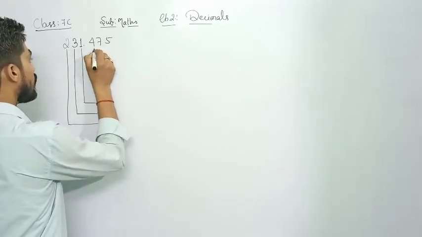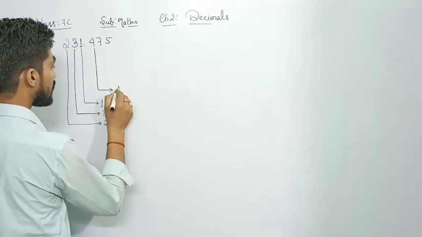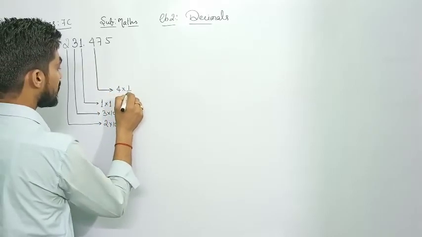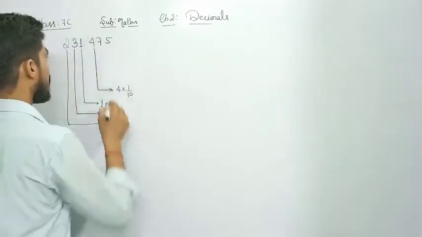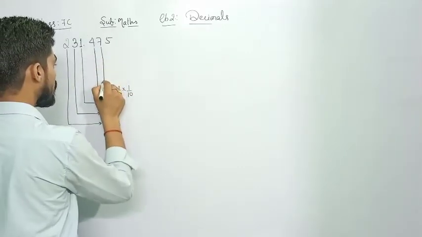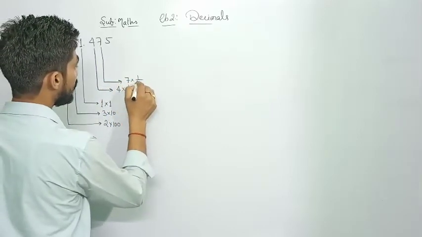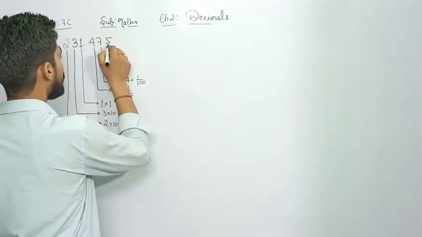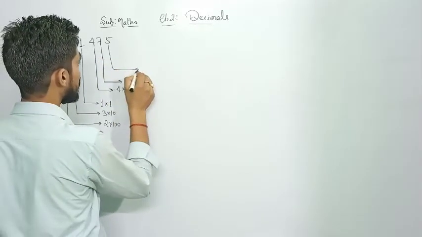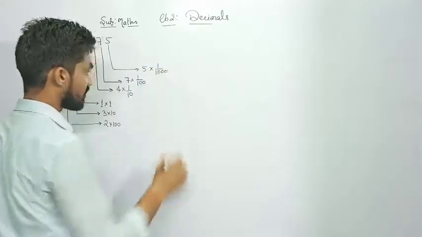The 4 will be at the 1/10th position, and here I will write 1/10. The 7 will be at the 1/100th position, so I will write 1/100. And 5 will be at the 1/1000th position, so I will write 1/1000.